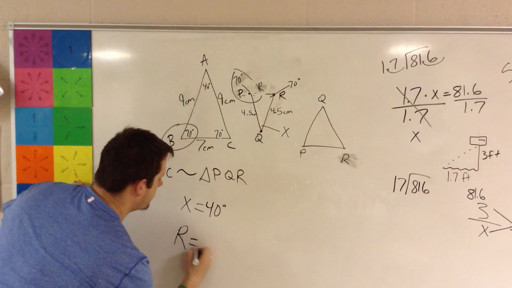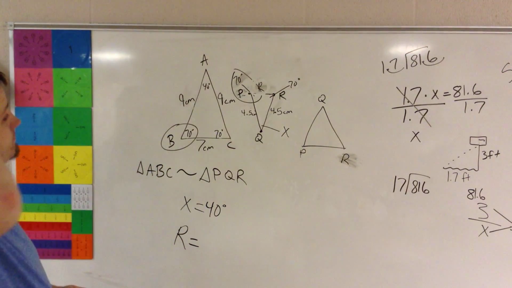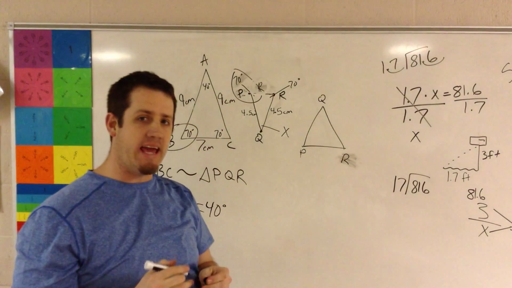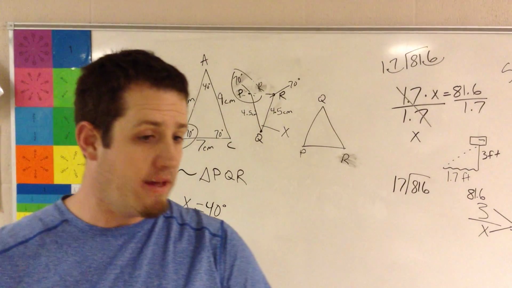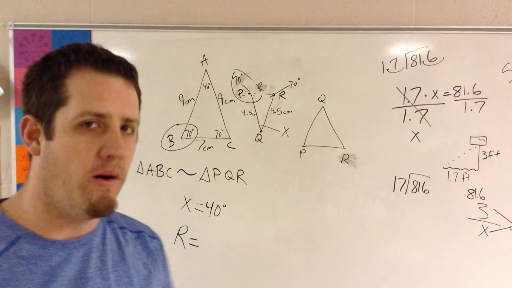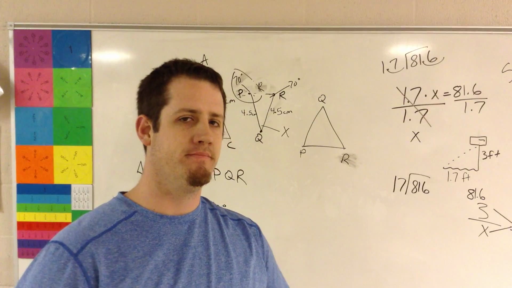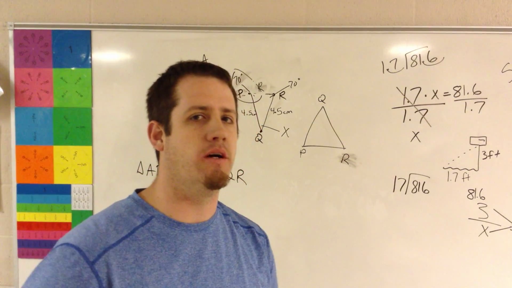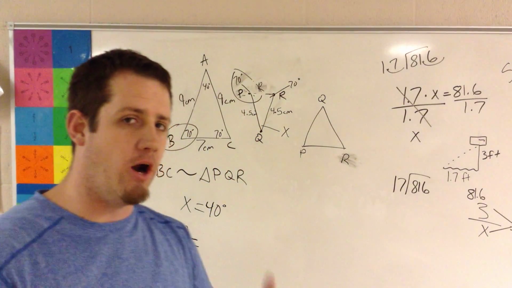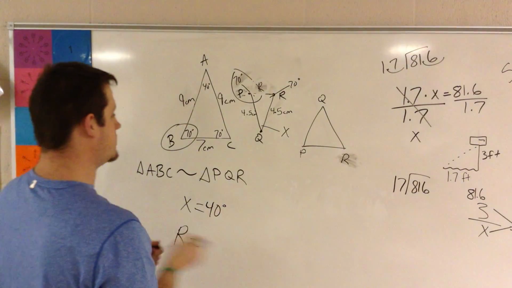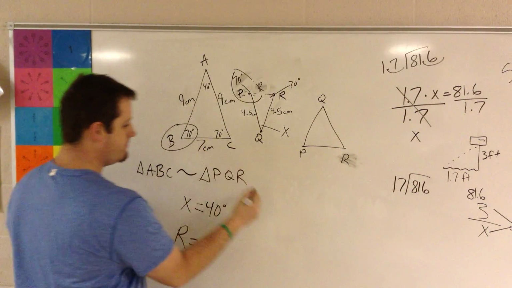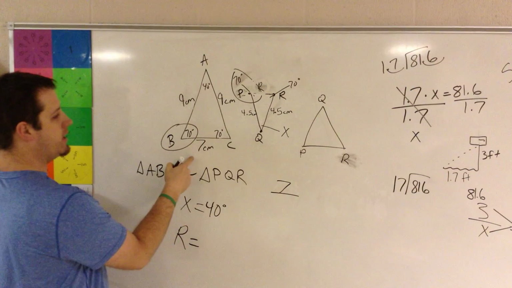Alright, so we're also looking for this R right here. I want to know what that R is. I want to find a missing length on a similar figure. What do I have to set up? What do I know about the side lengths of a similar figure? They're proportional, so I need to set up a proportion. So 7, what does it correspond with?